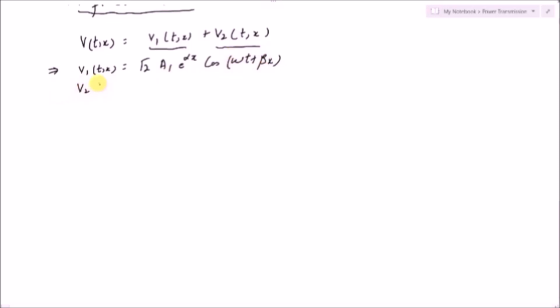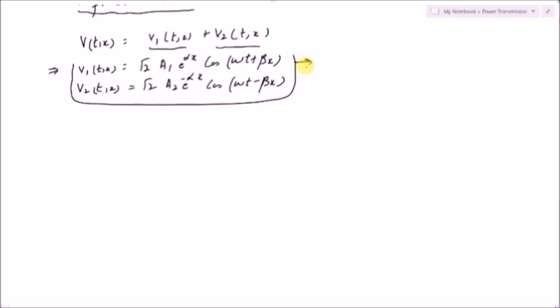Similarly, V2(t,x) is equal to under root 2 A2 e raised to minus alpha x cos(omega t minus beta x). So these are the voltage equations. The first one is the incident wave, and this is the reflected wave.